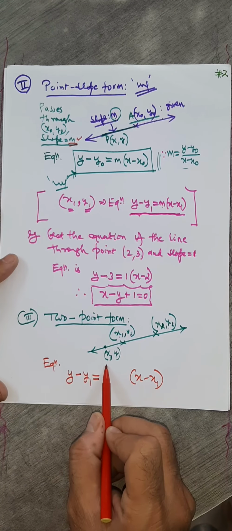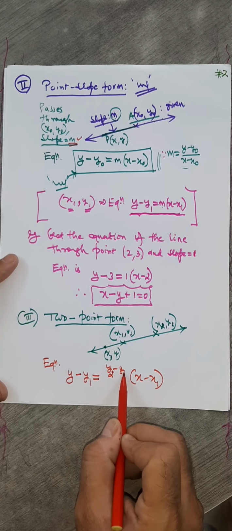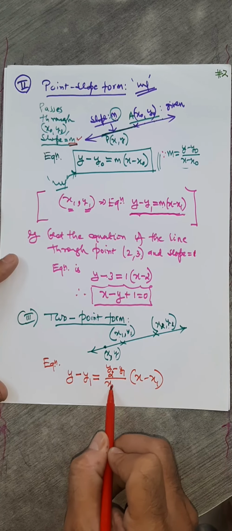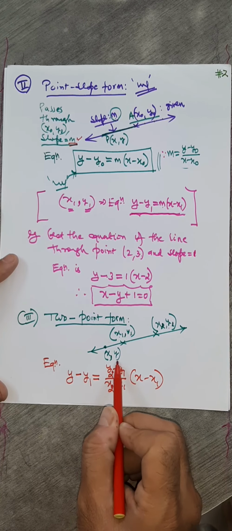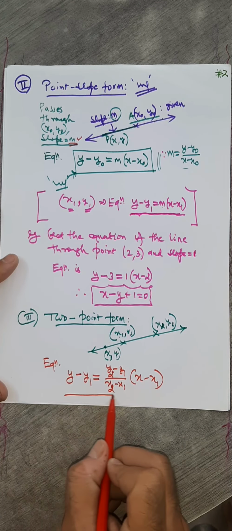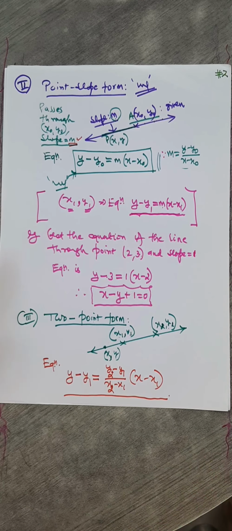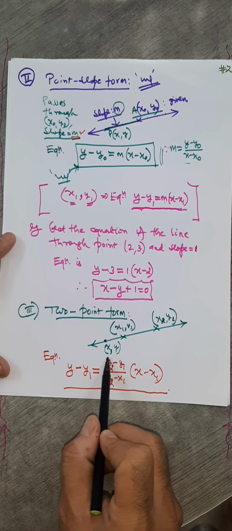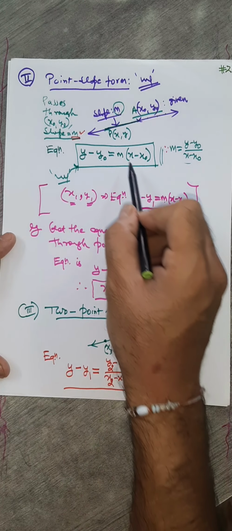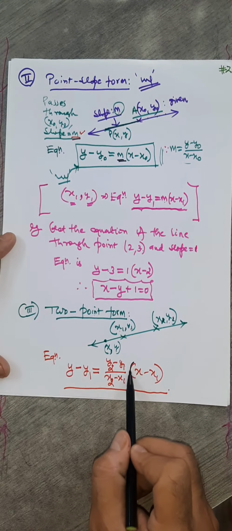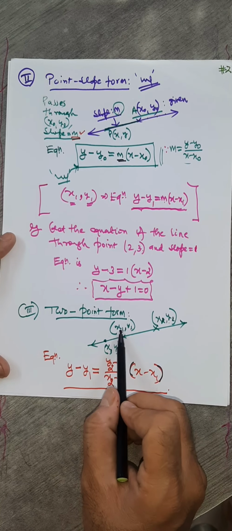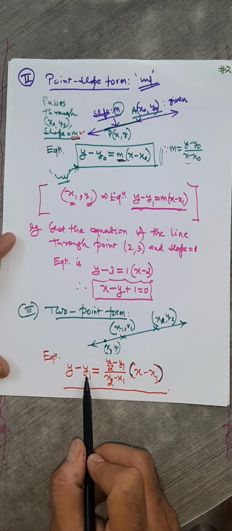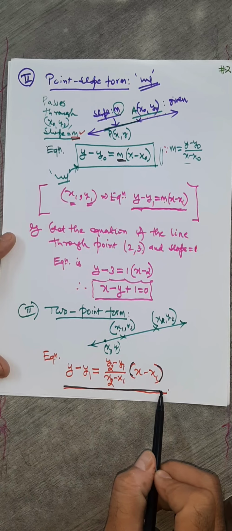Now slope you are not given, so you can find the slope by the formula, y2 minus y1 upon x2 minus x1. If you realize what I did, I've used just the previous form, the point slope form: y minus y1 equals slope into x minus x1. Here instead of x0 and y0, you have x1, y1. Got it? So this is indirectly the point slope form.